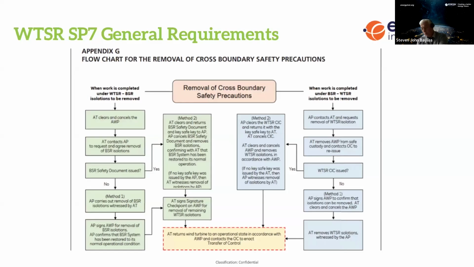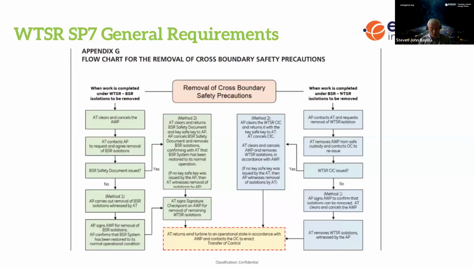So we could go through the flow chart again on this one. So the AT clears and cancels the AWP. Again, this is on your left-hand side of the document in the green. The AT contacts the AP to request and agree removal of boundary safety rules isolations. Is the boundary safety rules safety document to be issued?